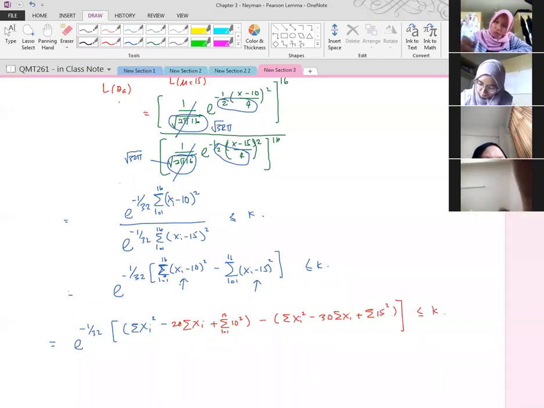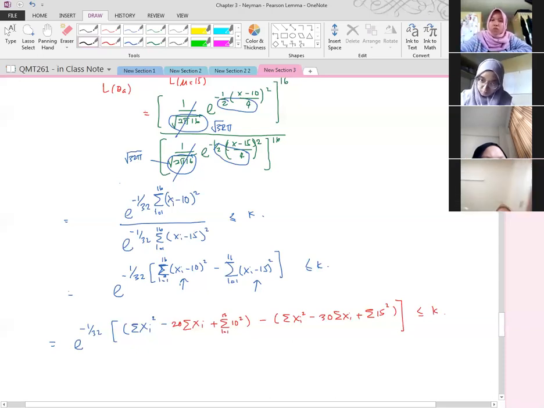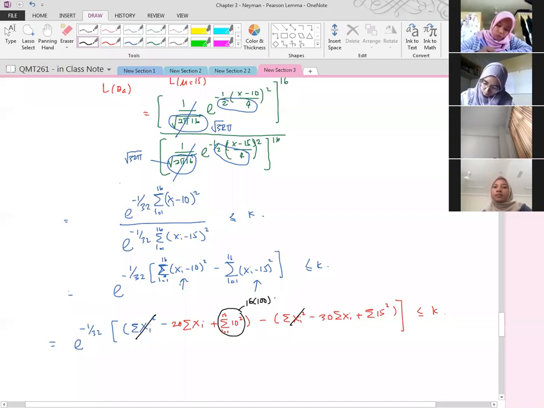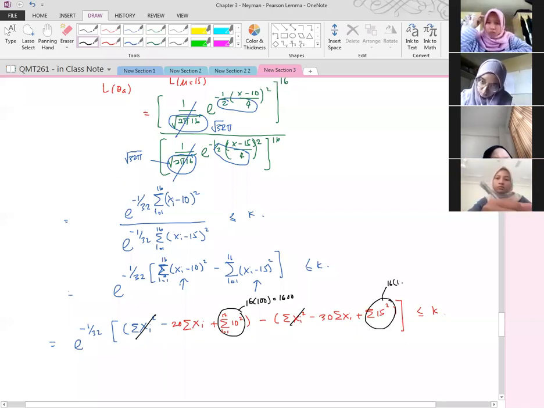So from here we can vanish this one, x to the power of 2 minus x to the power of 2, and then this one will become 16 multiplied with 100, which is equal to 1600, and this one, 16 multiplied with 15 to the power of 2, is equal to 3600.